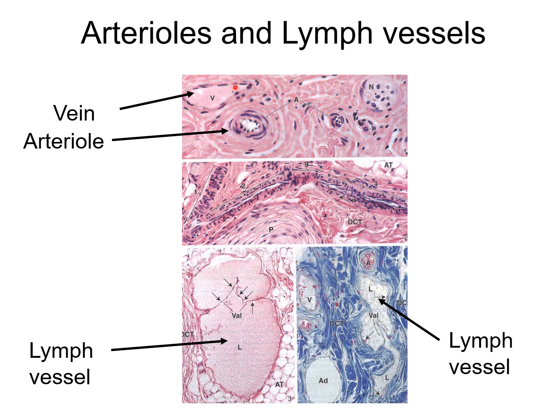This is a small vein. The lumen is irregular. Here, in case of the arteriole, the lumen is regular, and the tunica media contains a very thin layer of muscle fiber. Here is an example of a lymph vessel, a bigger lymph vessel.